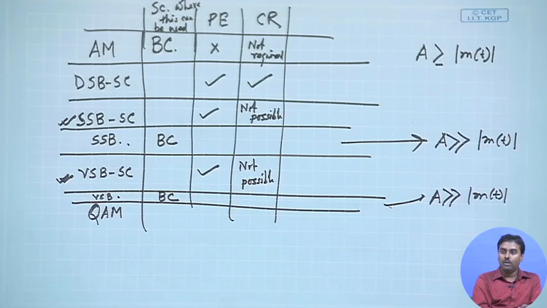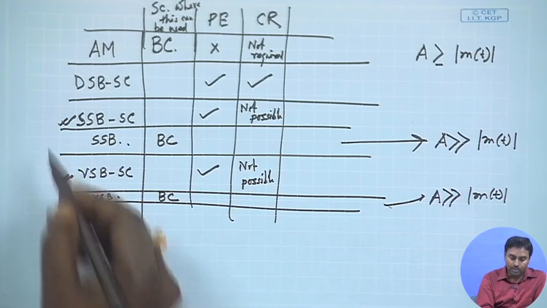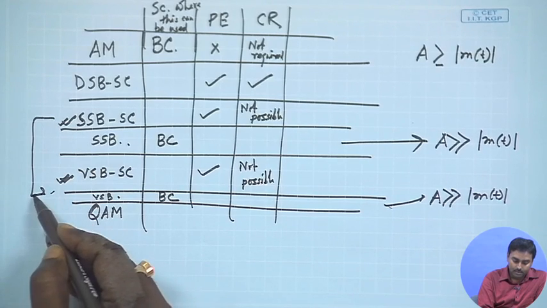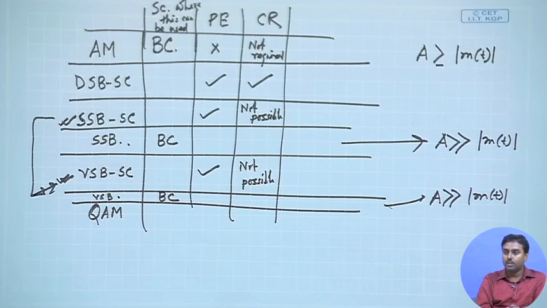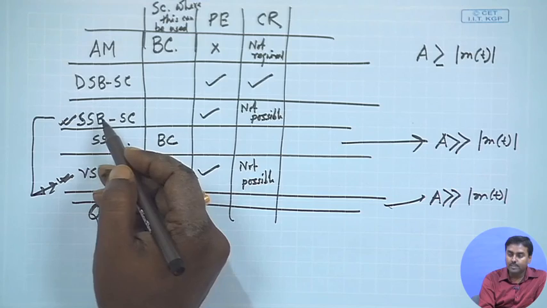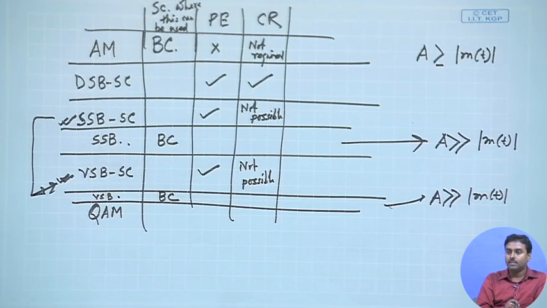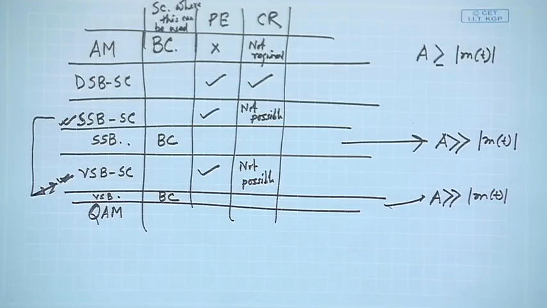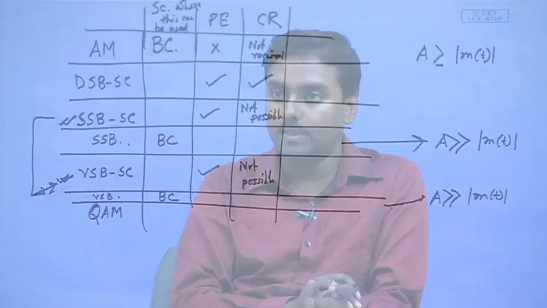That is a big blow in modulation technique, because these two are really efficient in terms of bandwidth. SSB particularly gives us twice the benefit, so I can put two signals in place of one signal compared to AM and DSB-SC, whereas VSB-SC is not as efficient as SSB, but it gives some benefit.